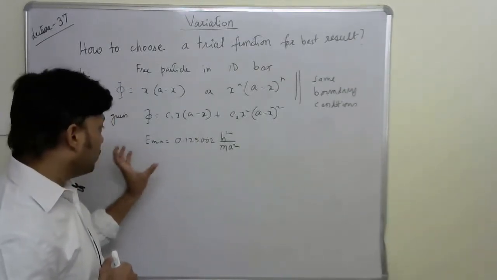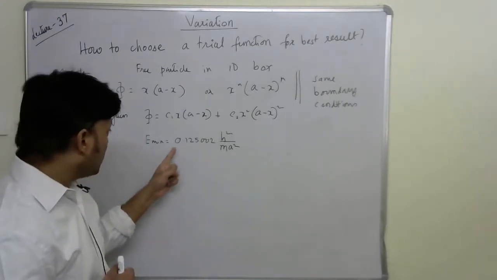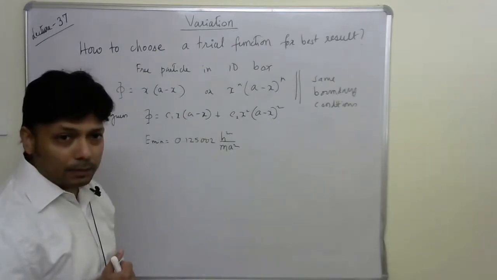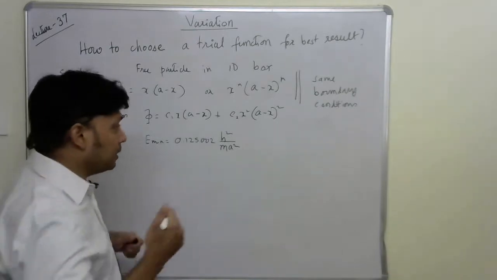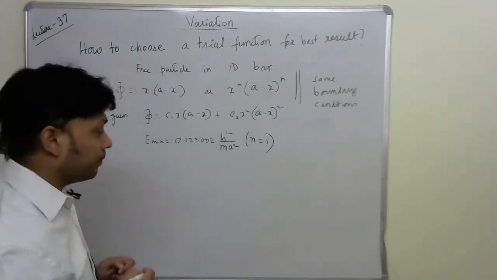That means the energy that we find by applying the variational theorem would come down to 0.1250028 h square by m a square. Remember, we are talking about energy minimum, which already means we are talking about the ground state where n is equal to 1.